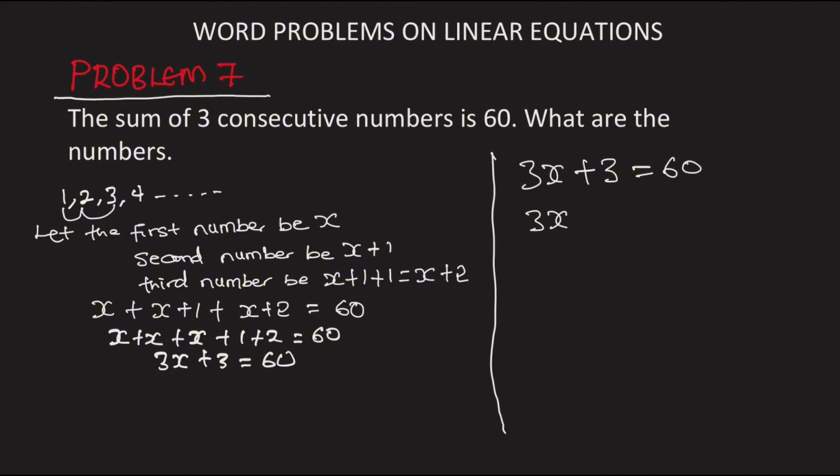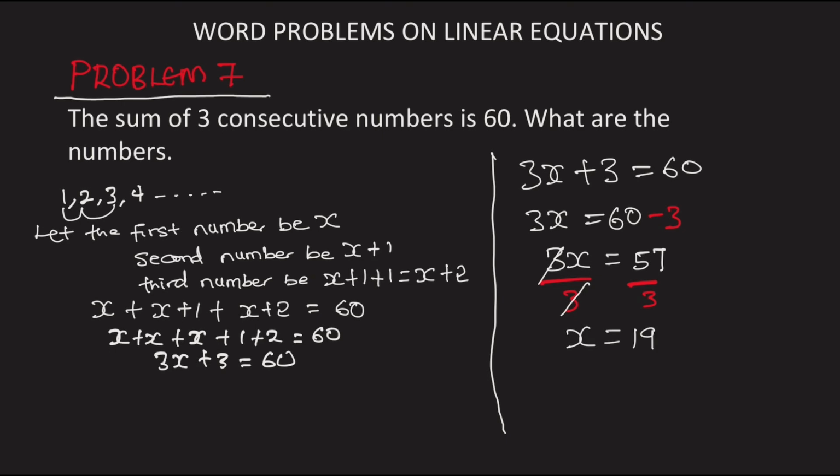That's going to give us 3x is equal to 60 minus 3, which is 57. Here we can divide both sides by 3. So x is equal to 57 divided by 3, which is 19.